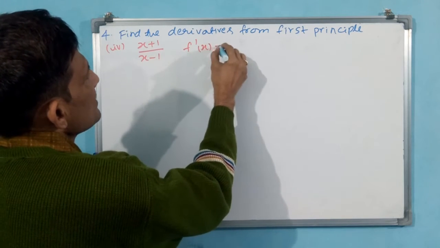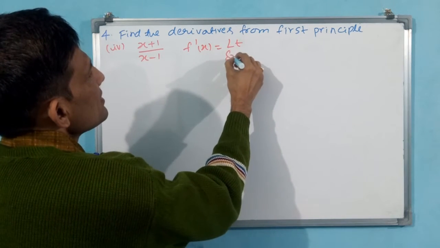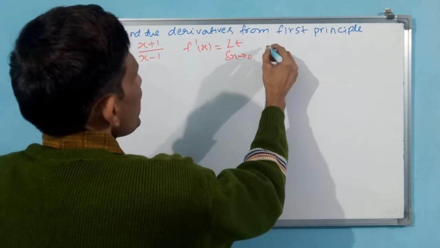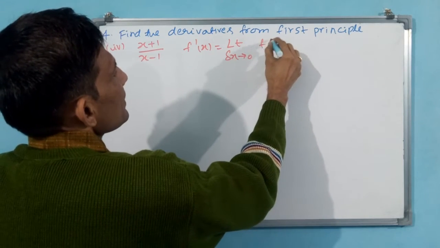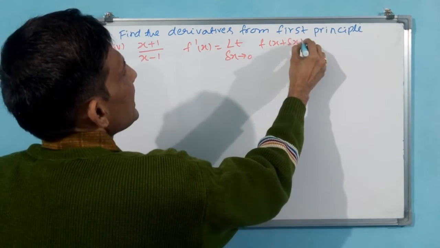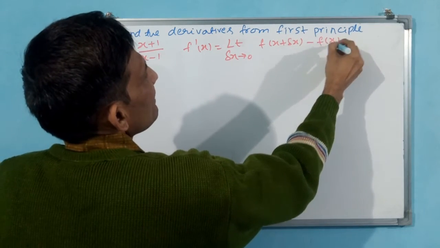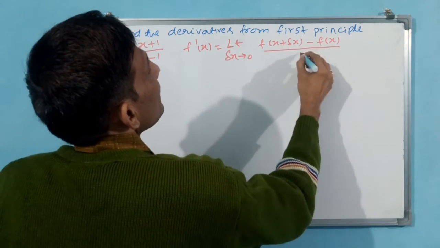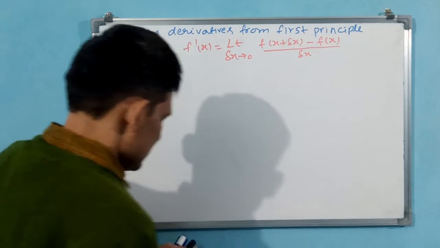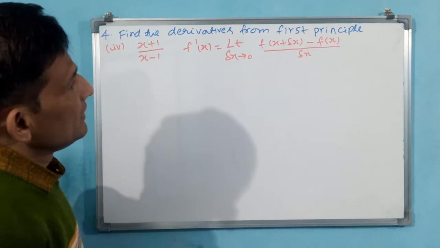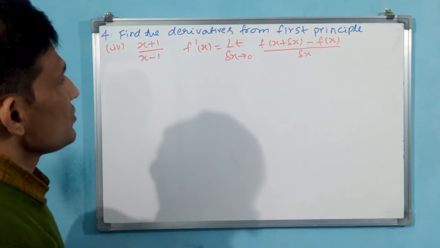F dash x is equal to limit delta x tends to 0, f of x plus delta x minus f of x divided by delta x. That you keep in your mind. Accordingly you change.